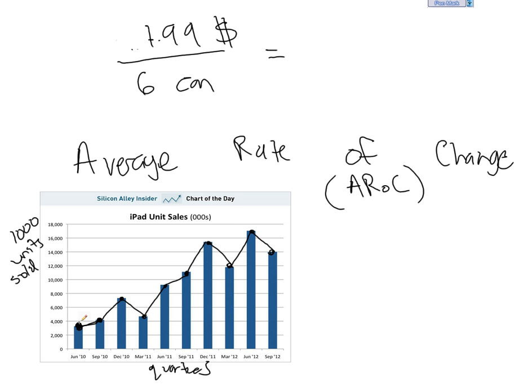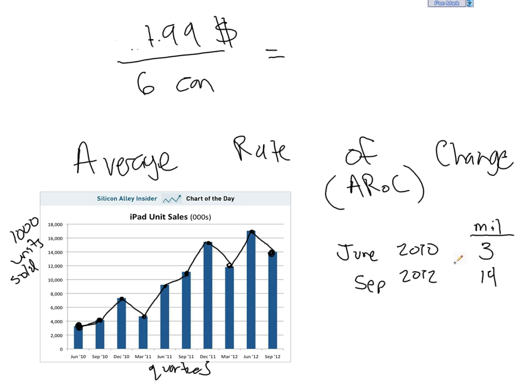So from, let's say, June 2010 to September 2012, let's see what happened to the number of sales. Well, it went from about 3 million, and I'm going to do this in millions even though the graph is in thousands, to, by the time September 2012 came around, selling 14 million.